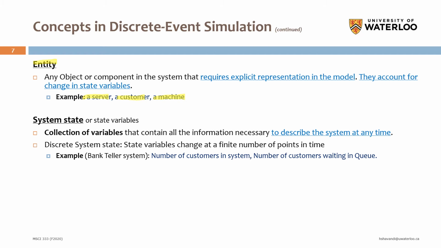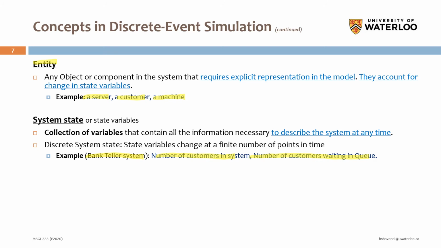For example, in the bank teller system, the number of customers in the system and the number of customers waiting in line. The collection of these two state variables describes the system's state at any time.